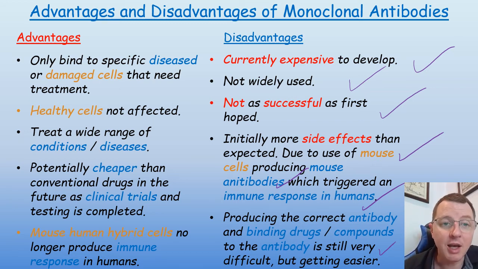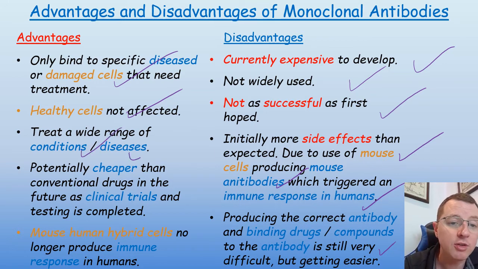So what are the advantages then? Well, clearly a monoclonal antibody will only bind to specifically diseased or damaged cells that need treatment, so healthy cells are not affected. Monoclonal antibodies can be used to treat a wide range of conditions and diseases, and although currently very expensive, they are potentially cheaper than using conventional drugs in the future, once the clinical trials have been completed and the monoclonal antibody drugs have been approved.